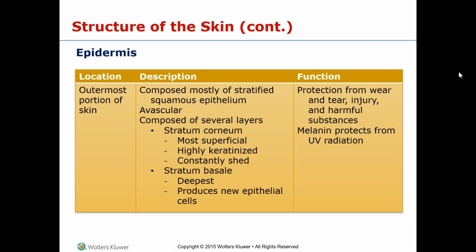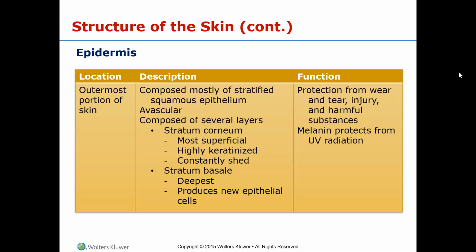And then it has a special protein that is important for wear and tear, and also to prevent it from drying out, and that's keratin. So it's highly keratinized, and we'll look at certain surfaces of the skin and where it is more keratinized than others. And that particular layer, the stratum corneum, is constantly being shed and replaced.